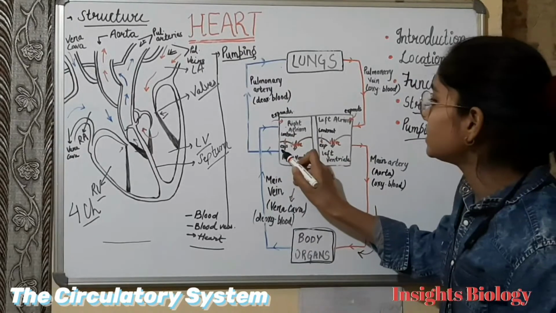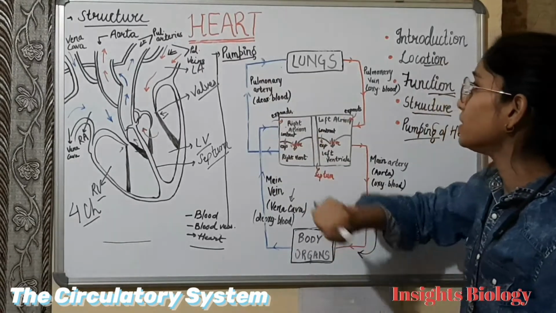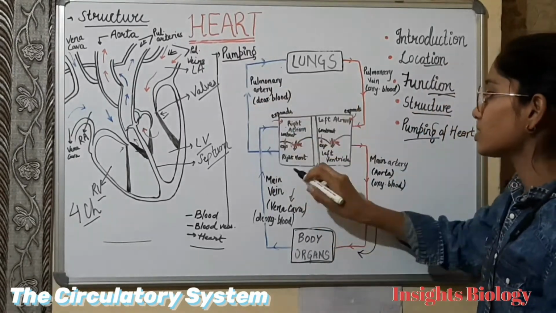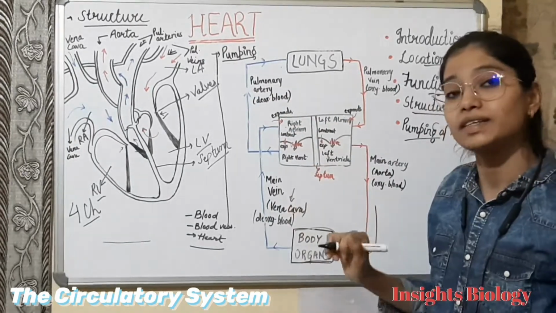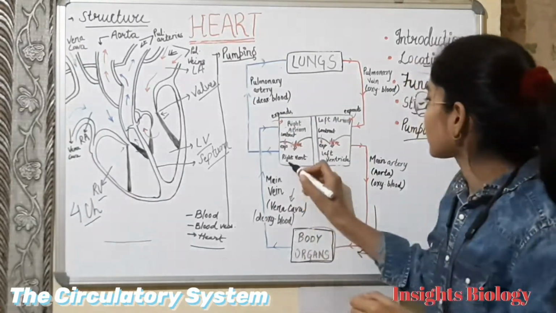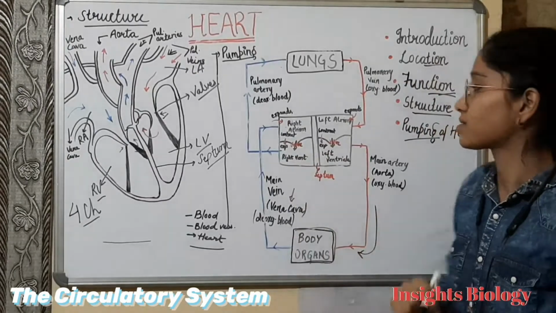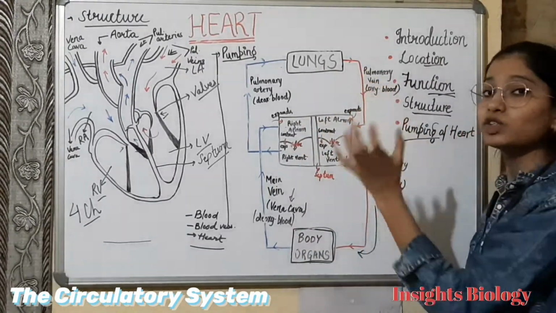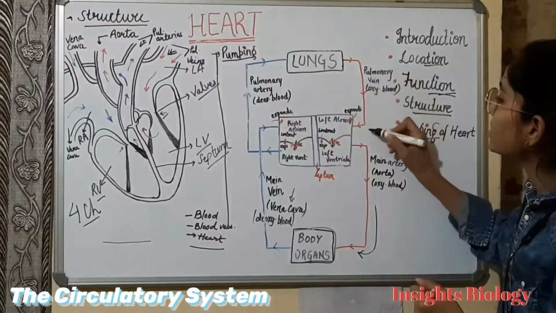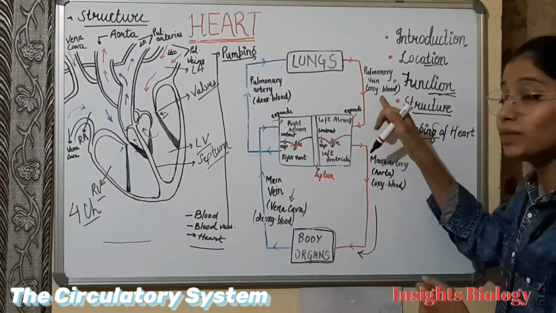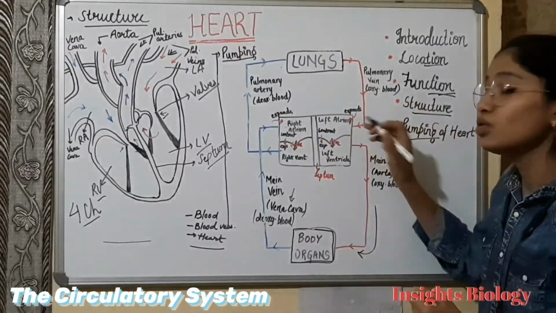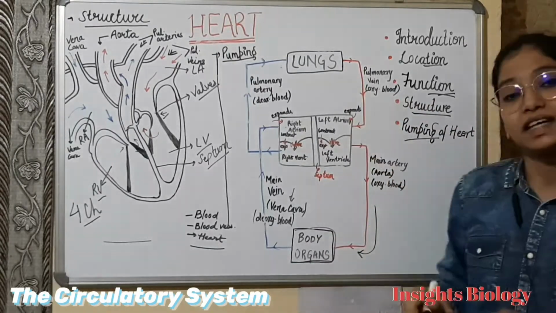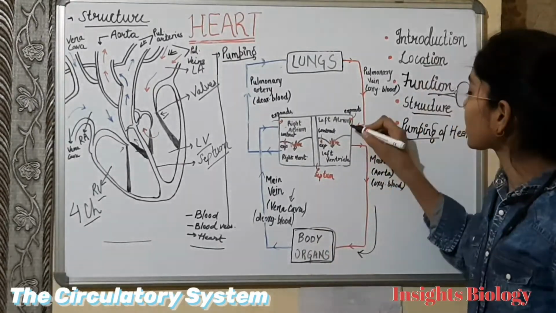When the blood travels to the lungs, the right ventricle contracts. From the lungs, oxygen is added to the blood and the blood travels through the pulmonary vein to our left atrium, and the left atrium expands.